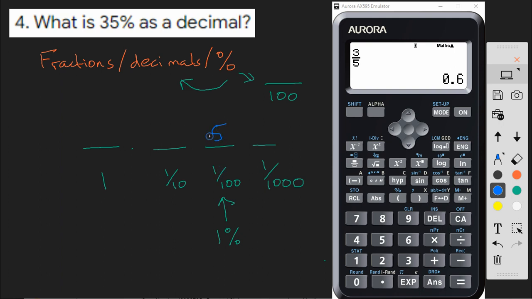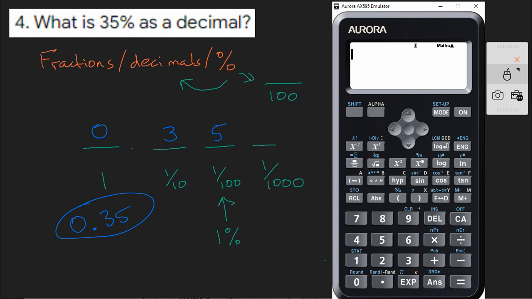If I'm trying to fit 35 into this column, then that 30 is 10 times bigger. So my 3 will be in the next column along. We can fit in a placeholder here. So our decimal value is 0.35.